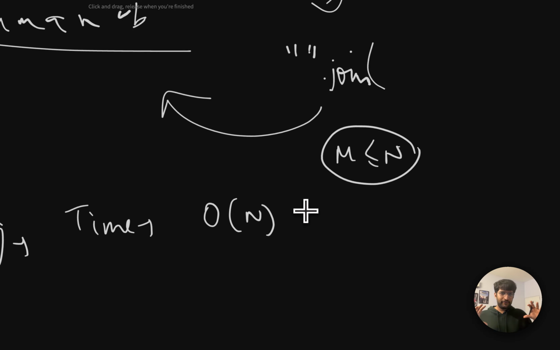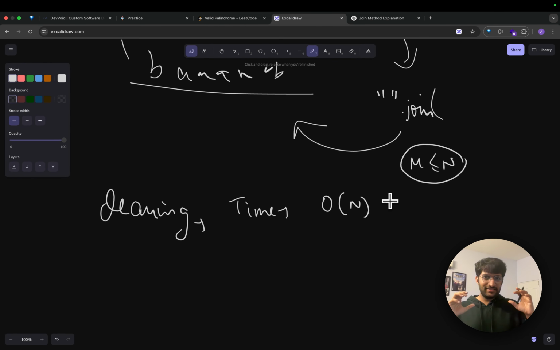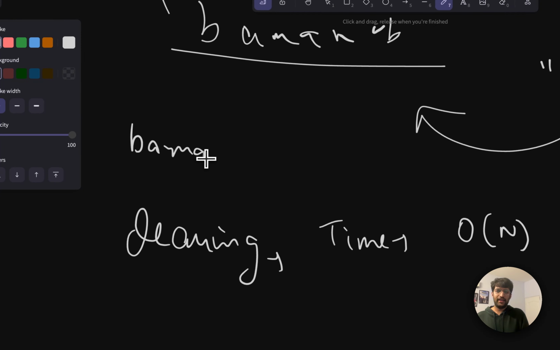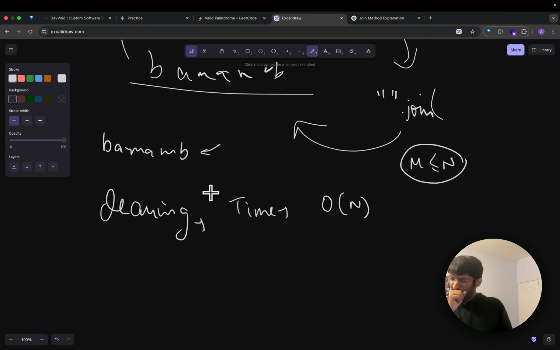Why? When you clean something, it has a smaller size than the original string, but it can have the same size if there's nothing to clean, right? If you already have B, A, M, B in the given input, then there's nothing really left to clean.